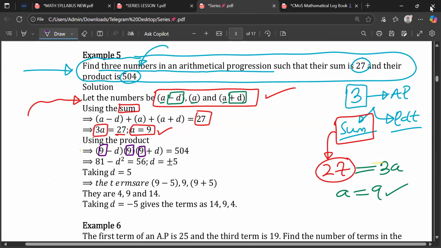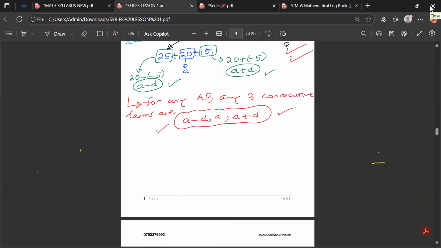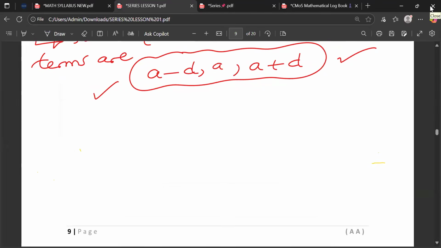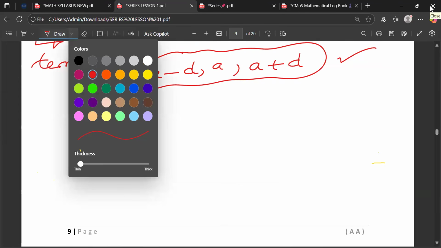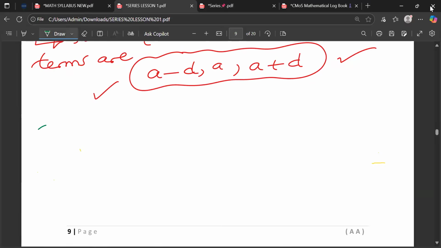You people, this math, the rest of the things are algebra. Here we don't have any series. Like that question those people were doing, they said the sum was 27.